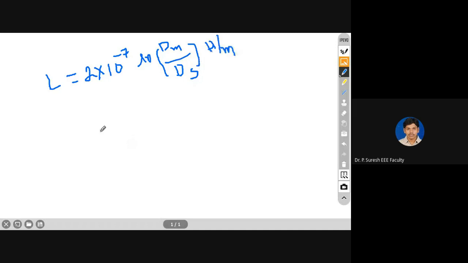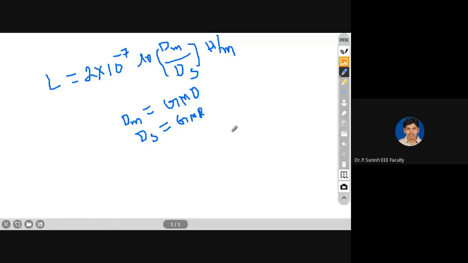What is Dm here? What is Dm called? We call it GMD. What is meant by GMD? Geometrical mean distance. Ds is called GMR.